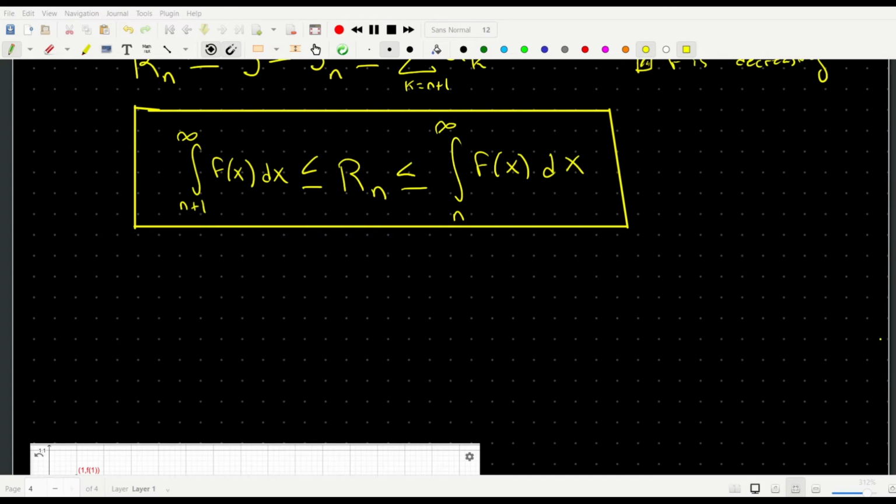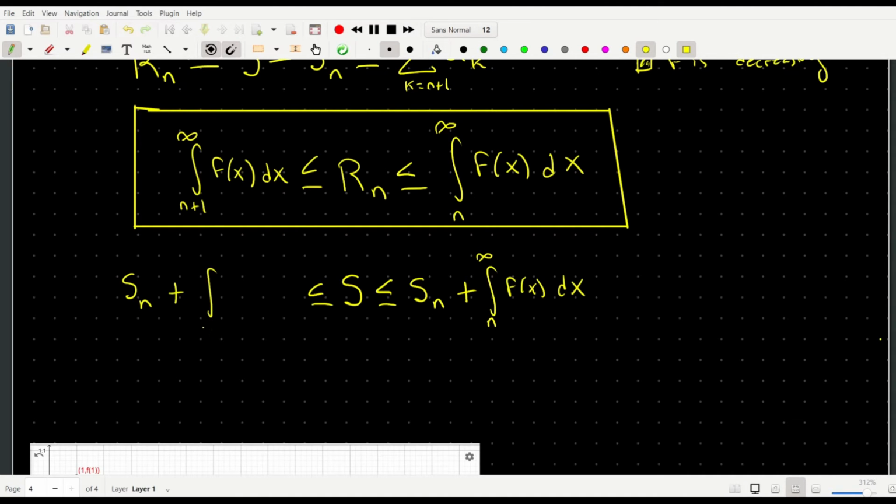And what's neat here is that because R_n is equal to S minus S_n, this inequality is equivalent to saying that S, the actual sum, is bounded above by S_n, the nth partial sum, plus the improper integral from n to infinity of f of x, and it's bounded below by S_n plus the improper integral from n plus 1 to infinity of f of x.